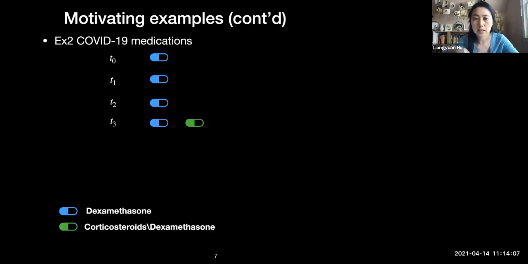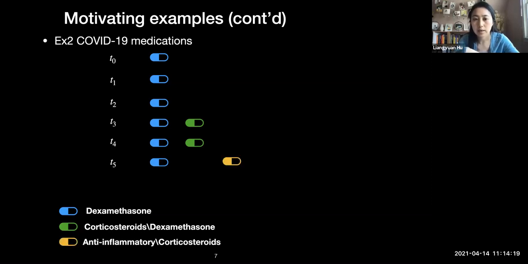At some point, in addition to dexamethasone, this person was taking another corticosteroid for some other days. And then at some later point, this person switched off corticosteroids and started taking another anti-inflammatory drug for some other time during the hospital stay. So you can see that 3 treatments are under consideration here, and the start and stop times of medications can be time dependent.